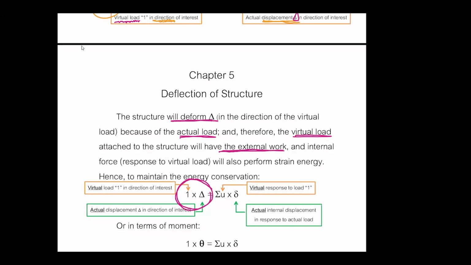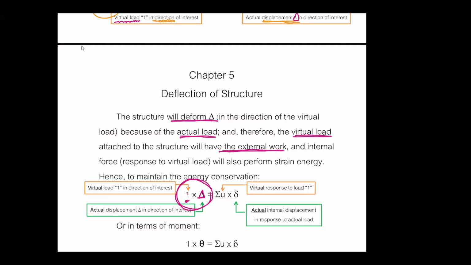And simply because we can imagine any load, we imagine 1 because it's the easiest thing, right? Please don't imagine 0 because it's nothing. No? So this is your virtual load. That is the displacement of the structure under the actual load. So the virtual load multiplied by the distance that it travels gives you the external work.